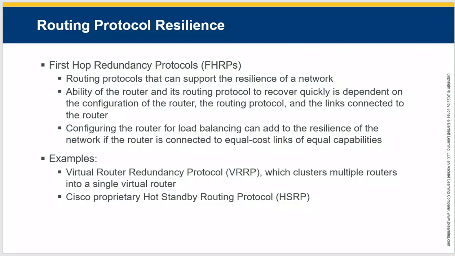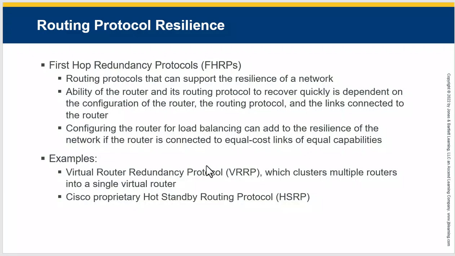And then there's a couple of other first hop redundancy protocols. VRRP basically takes multiple routers and gives them a single virtual address, so that the hosts on the network, the PCs and stuff, use the virtual IP address, even though the actual IP address of the individual devices is different.